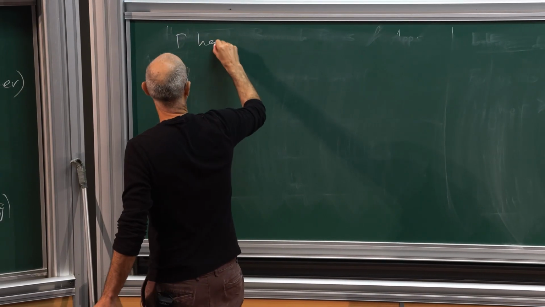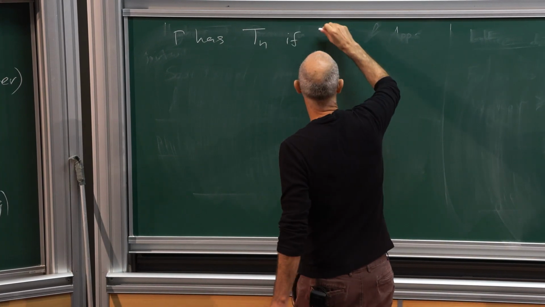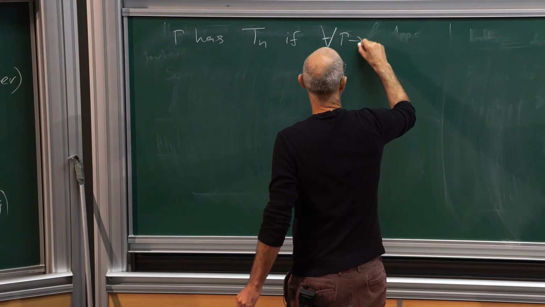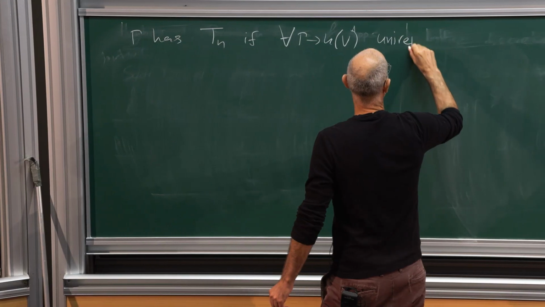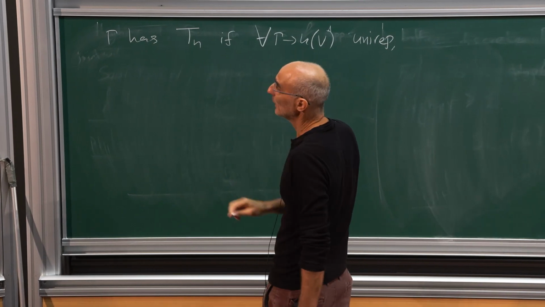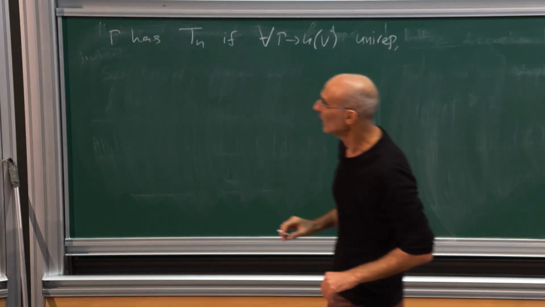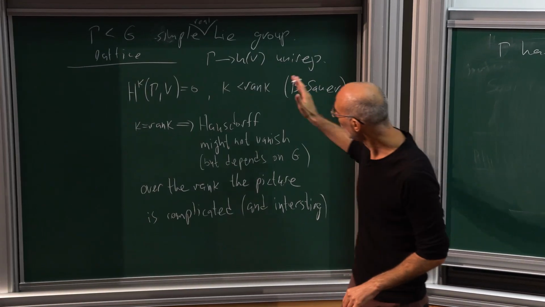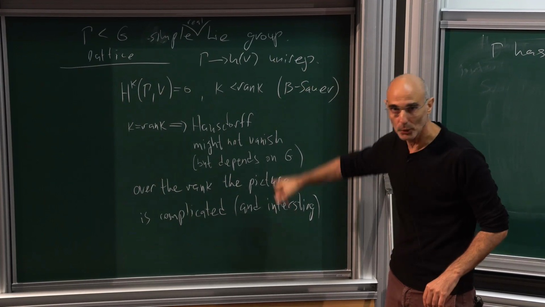So gamma has T_n if for every unitary representation... Maybe what I wrote is incorrect as I wrote it, because I should have started before putting this board.